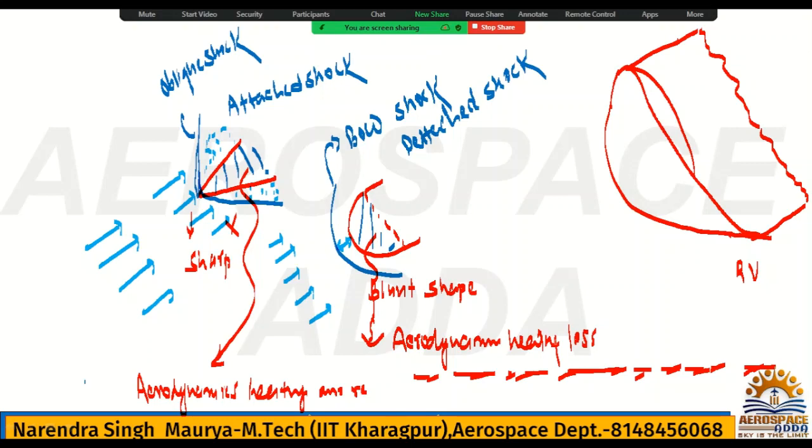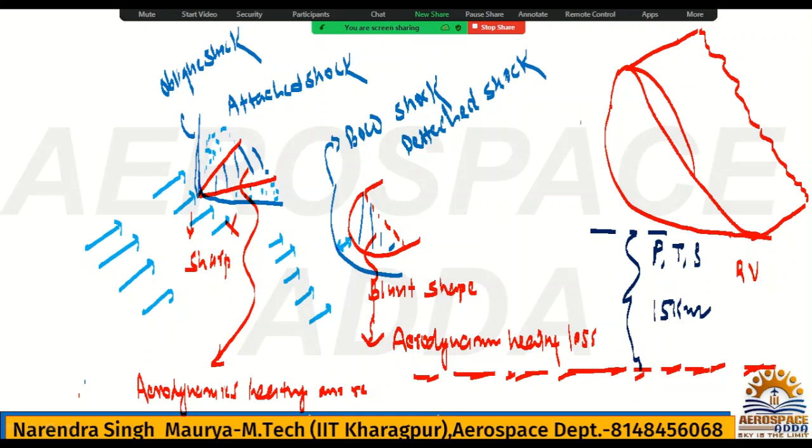Okay, hope you understood. So in this problem, they are saying this space re-entry vehicle is at 15 kilometer altitude. So here you should know the static pressure value, temperature value, and density value in the stratosphere.